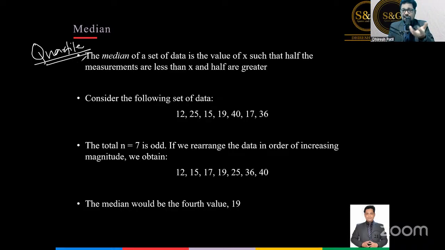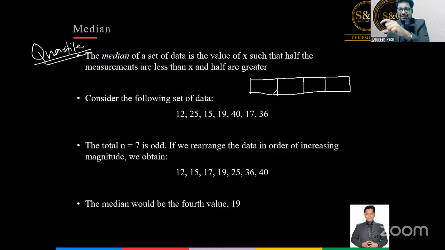Quarter means 4. If the same cake has to be cut into 4 equal parts, how many cuts do I have to make? 3 cuts: cut number 1, 2 and 3. Every cut becomes one quartile. This is the first quartile, this is the second quartile, and this is the third quartile.